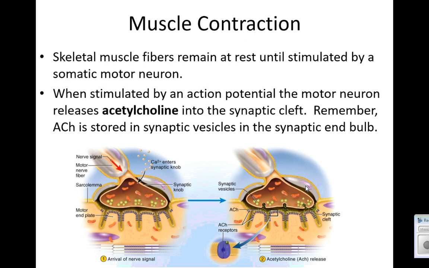And as we know, since we're talking skeletal muscle, the division of the nervous system that innervates our skeletal muscle is our somatic nervous system. And therefore, we're going to be dealing with somatic motor neurons that will stimulate the muscle fibers to contract.